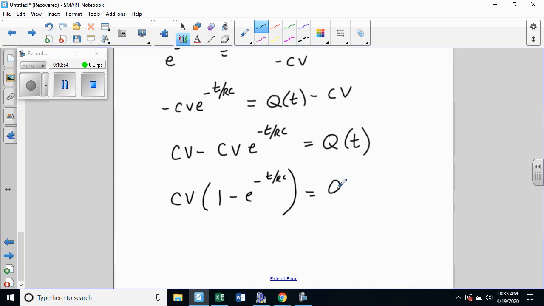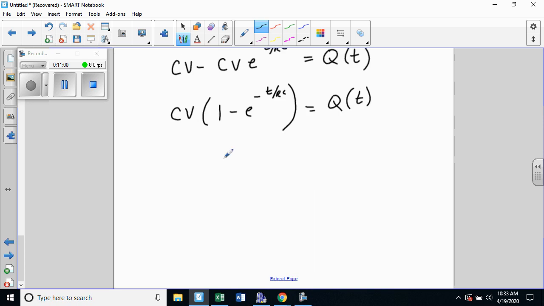The first thing you should notice is that I have a 1 minus e to the minus t over RC. Now, I told you this was one of the two equations that I need you to memorize. I need you to memorize what e to the minus x looks like and what 1 minus e to the minus x looks like. This e to the minus x is an exponential decay, right?